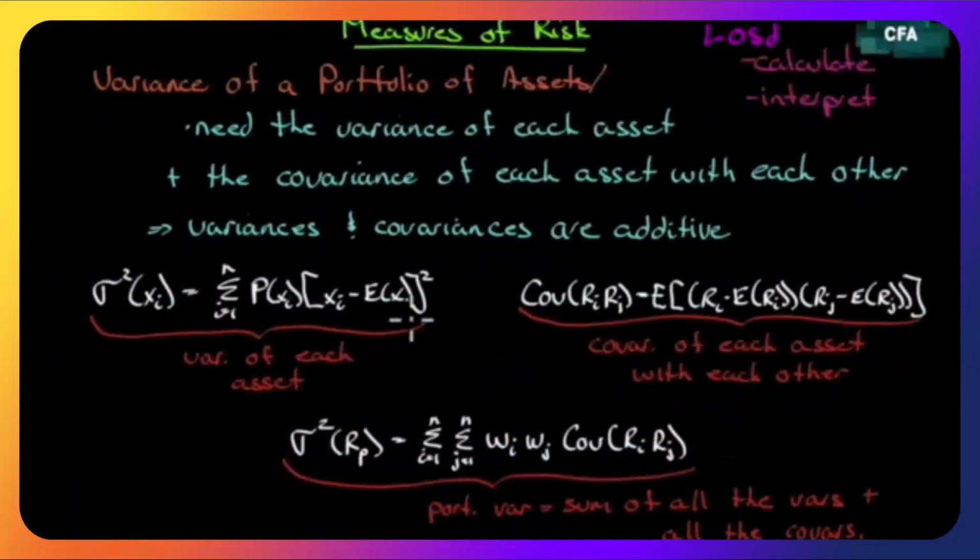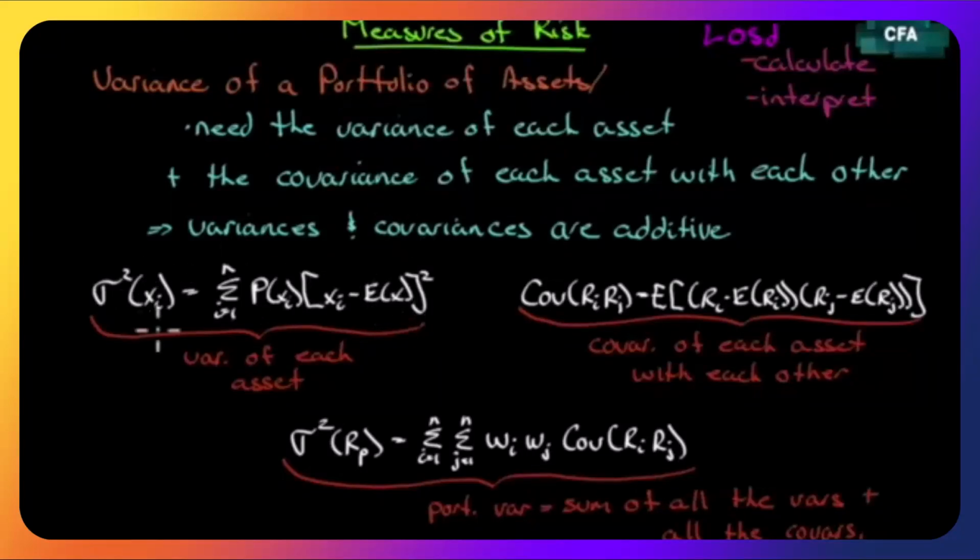Well, let's move from the measure of risk of a single asset to the measure of risk of a group of assets, a portfolio of assets. For the variance of the portfolio of assets, we're going to need certain things. We're going to have to calculate the variance of each asset and the covariance of each asset with each other, so that once we're finished, we'll have variances and covariances, and they are additive.